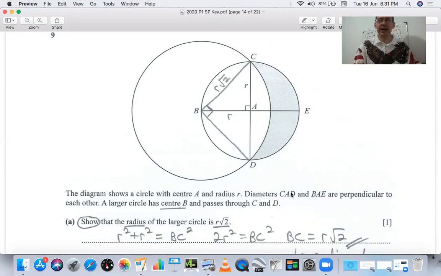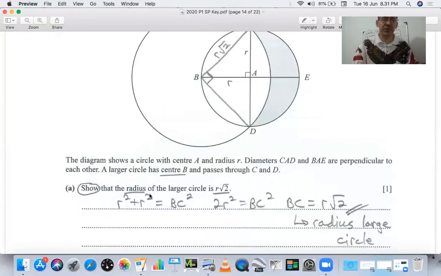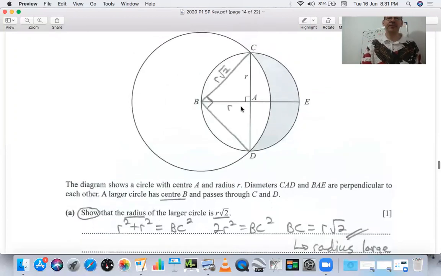And then we have diameter CAD. Again, it's a diameter, meaning it's in the middle of the circle. And BAE, again, it's diameter, and they are perpendicular to each other. And then the larger circle has a center of B, and the circle passes through D and C. So it says, show that the radius of the larger circle is R root 2.